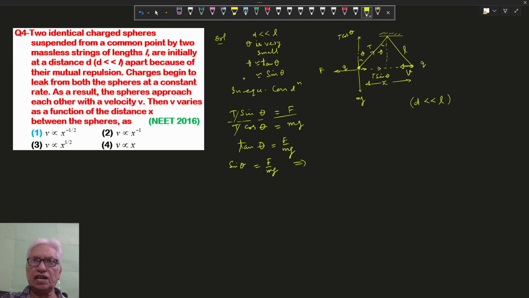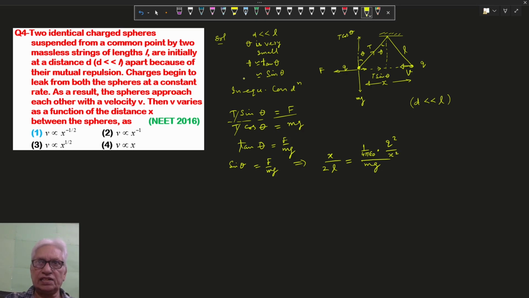Sin theta is x by 2 upon L. Here F means 1 upon 4 pi epsilon naught q square upon x square.